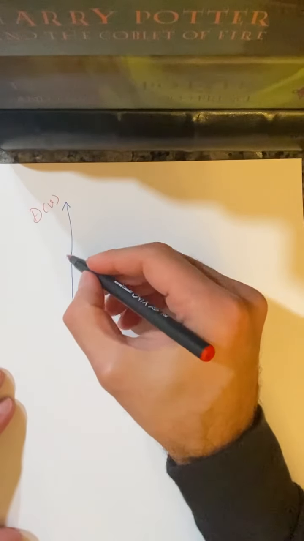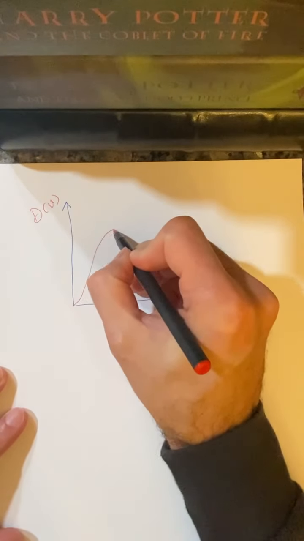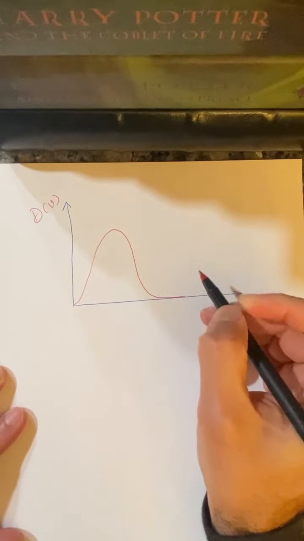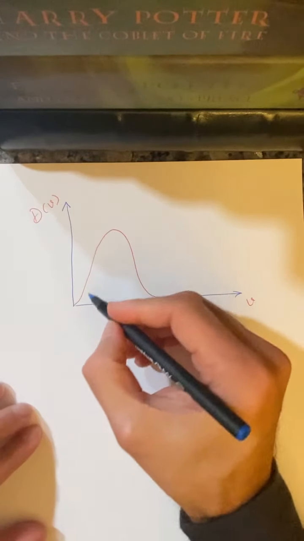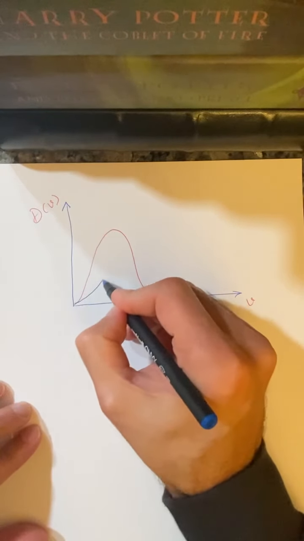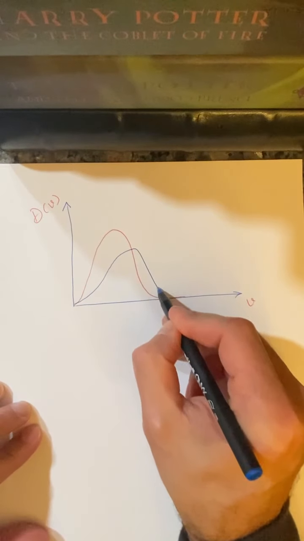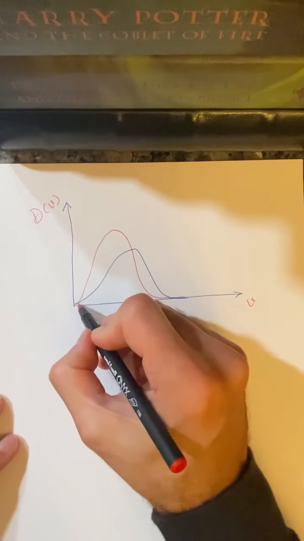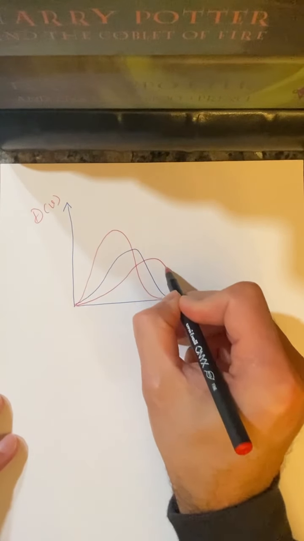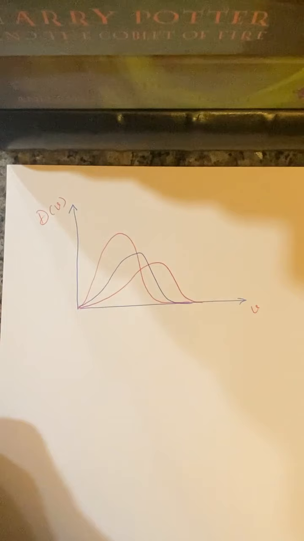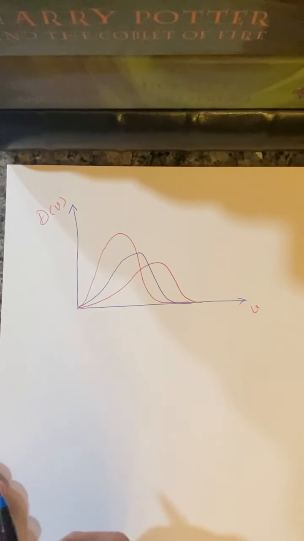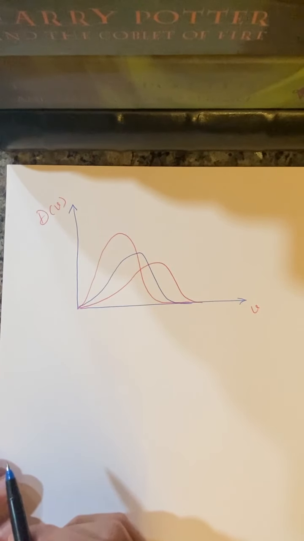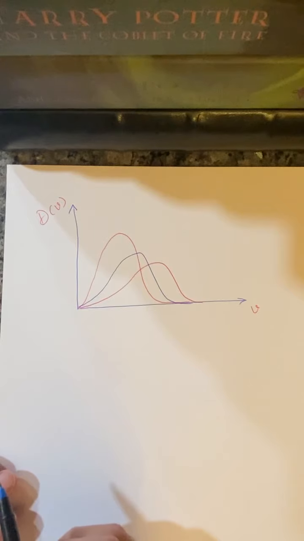Over here, if someone has given you, let's say, these three graphs, the height of the curve for any value of v is always going to be proportional to the number of molecules with speed near v.